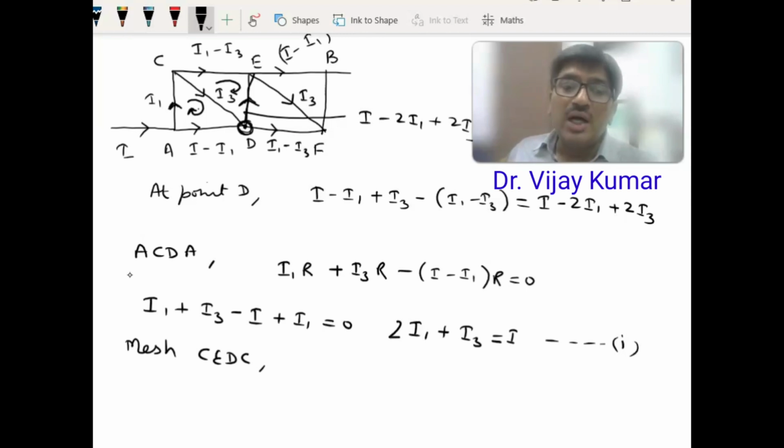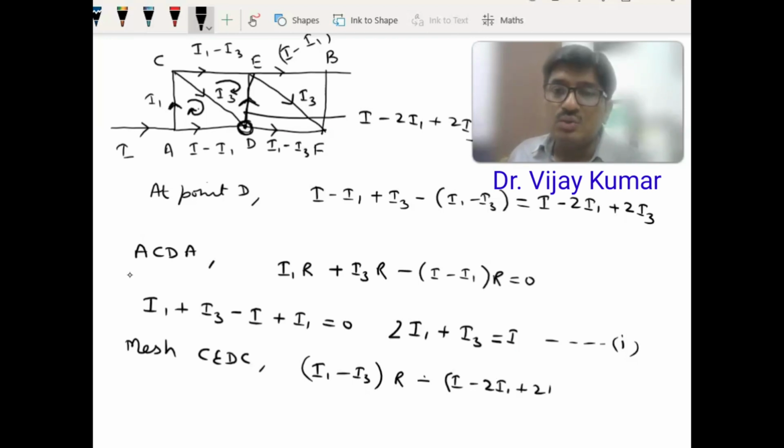It becomes (I1 minus I3) into R in CE, and in DE the current is anticlockwise, so minus (I minus 2I1 plus 2I3) into R, and in CD again it is anticlockwise, minus I3 R equals 0.